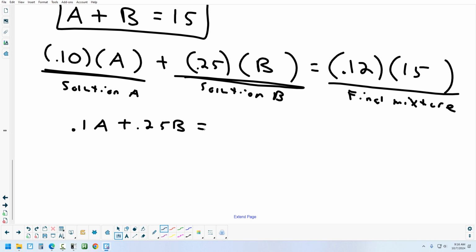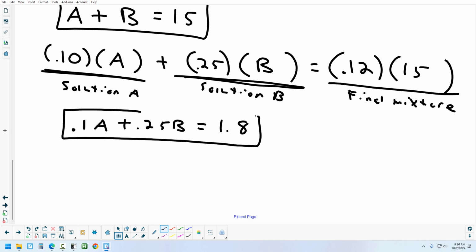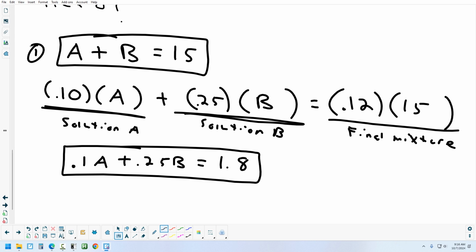Can somebody tell me what 0.12 times 15 comes out to? 1.8. Okay. So there is our second equation. That's equation 1, that's equation 2. Now we need to solve.